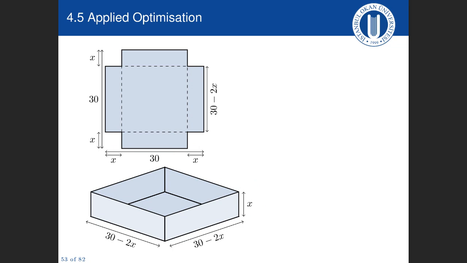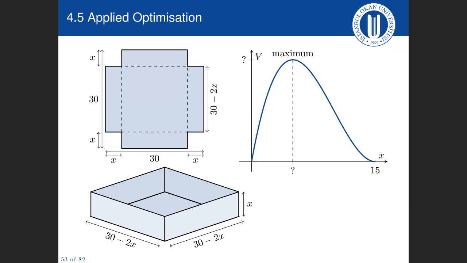Now, we're expecting the volume of this box as a function of x to look like this. If x is 0, then we just have a flat piece of metal. So if x is 0, of course, the volume is 0. And if x is 15, then of course we're cutting all of the metal away.